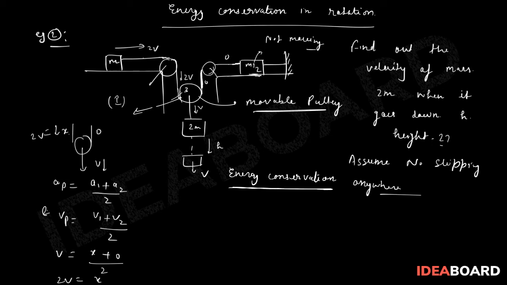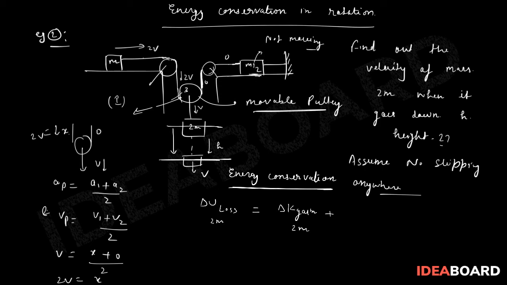If you apply the energy conservation, then because of the loss of potential energy of mass 2m, everything is happening. So I need to write delta U loss of 2m is equal to delta K gain of 2m. So mass 2m is gaining some kinetic energy because the velocity is v.